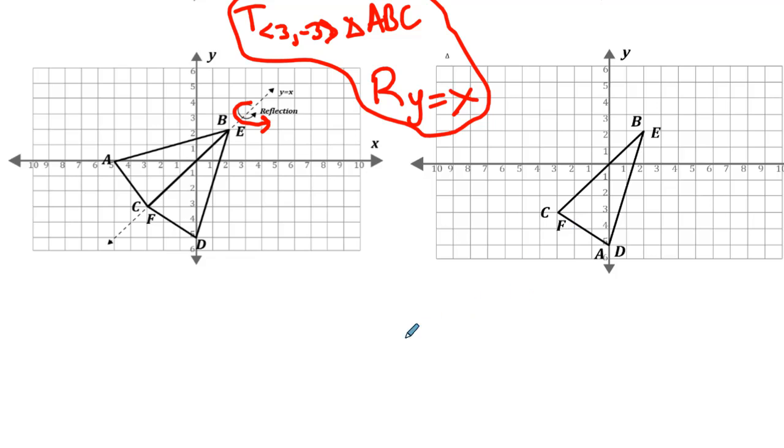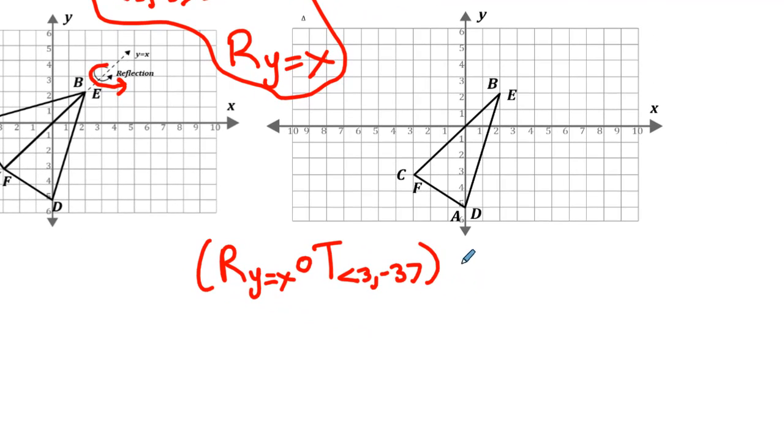If you really want to write it out, I would write the reflection over y equals x, and this is from the last section, that compound isometry, right, of a translation of 3, -3, of triangle ABC will equal triangle EFD.